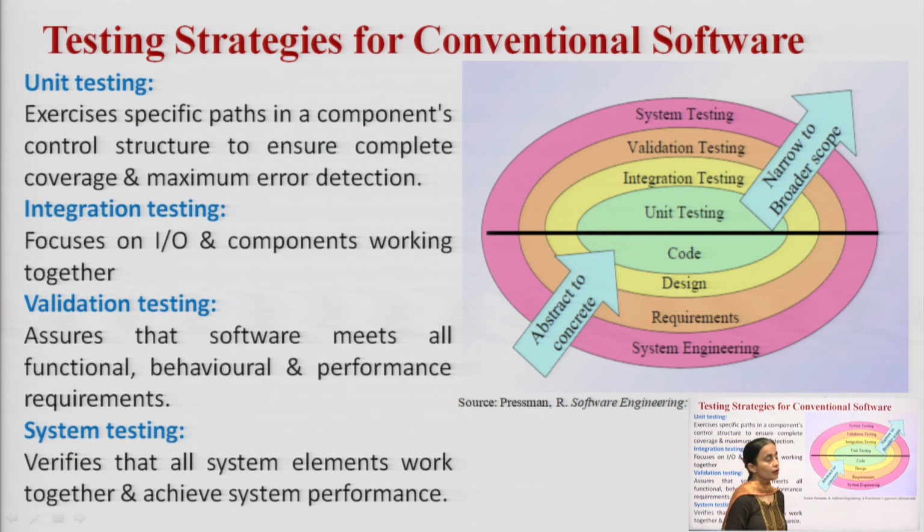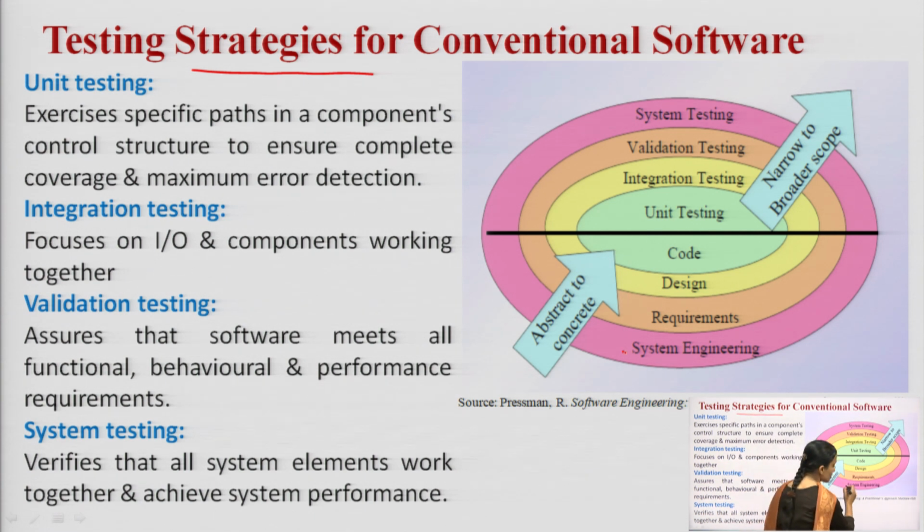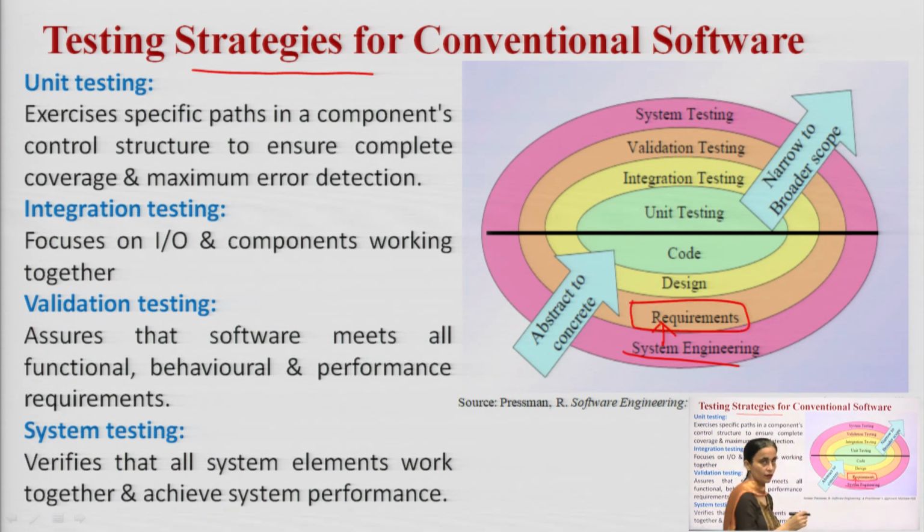For designing conventional software, there are various strategies that are followed. As I said, we start with system engineering, then we move on to requirement gathering. We standardize some requirements; now these requirements are fixed and I have to go according to them.